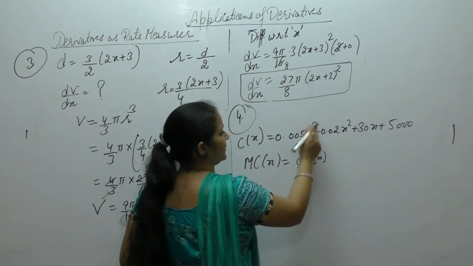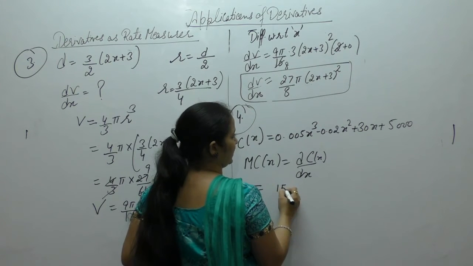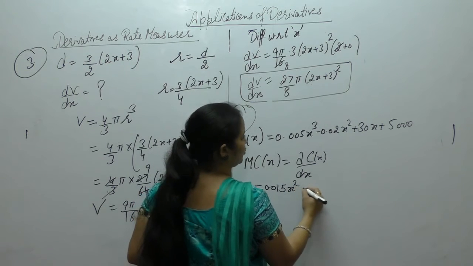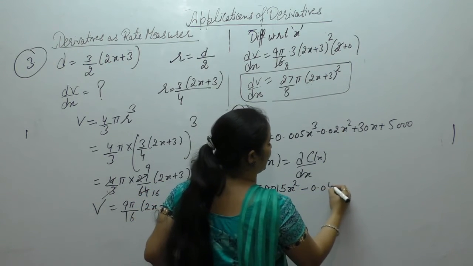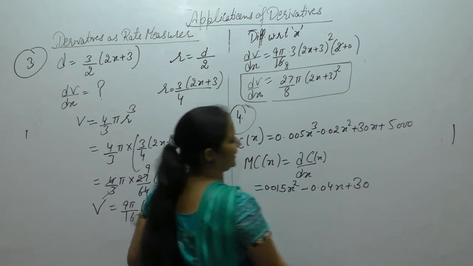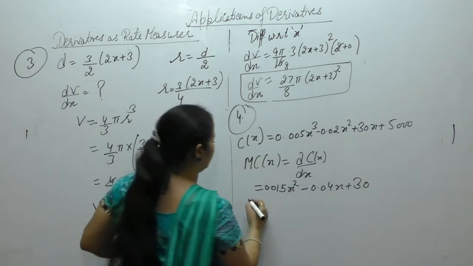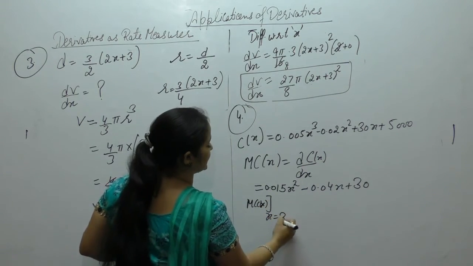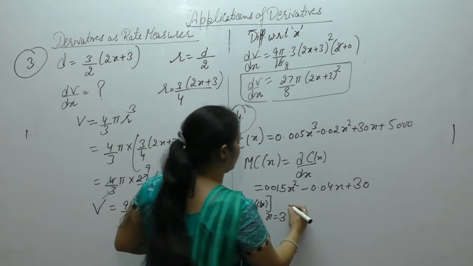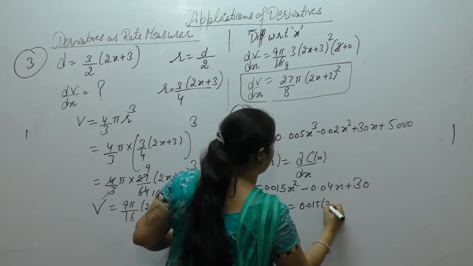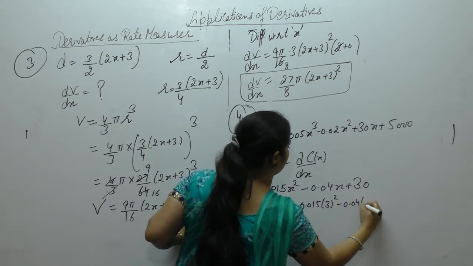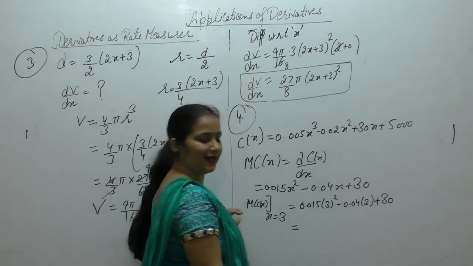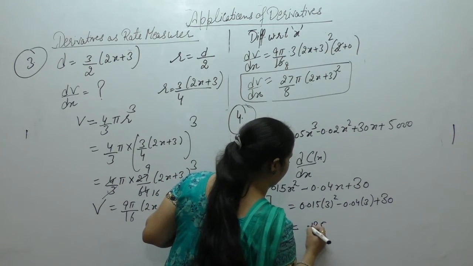Take the derivative. 0.005 into 3, 5 into 3 is 15, so 0.015 x square. 0.02 into 2, 0.04x, plus 30. Clear? Now we want to find the marginal cost when 3 units are produced. Put the value here: 0.015 into 3 square minus 0.04 into 3 plus 30. 3 square is 9, 15 into 9, 135.